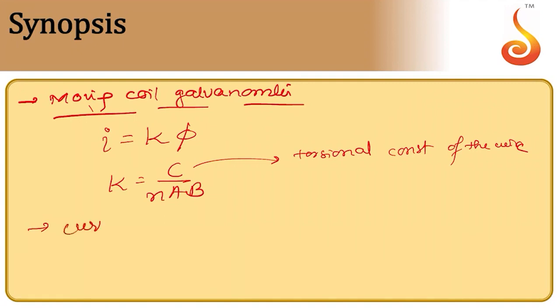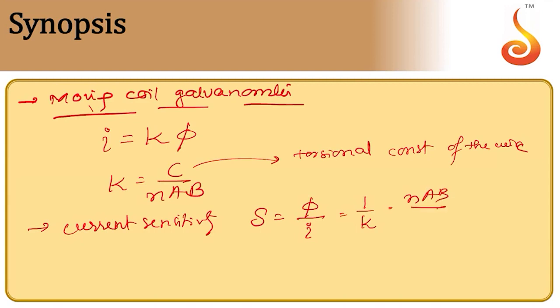The current sensitivity is given by deflection per unit current, and of course this is the reciprocal of K, and therefore NAB divided by C. To get higher current sensitivity, we can increase the area, or increase the number of turns, or increase the magnetic field strength, or make the value of C less.